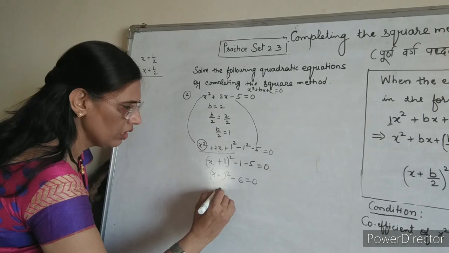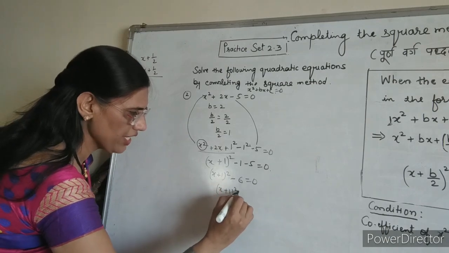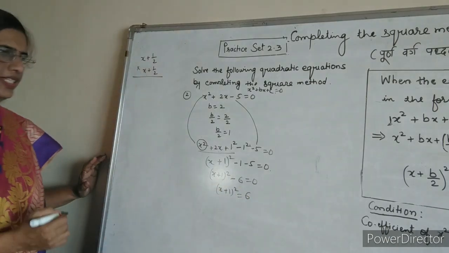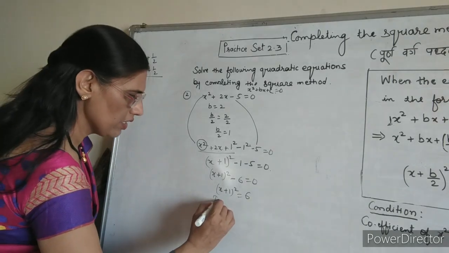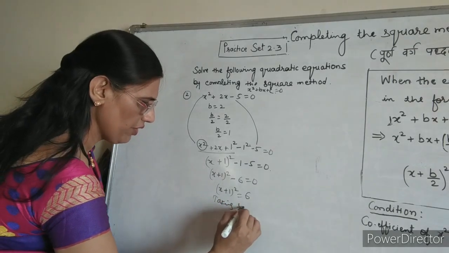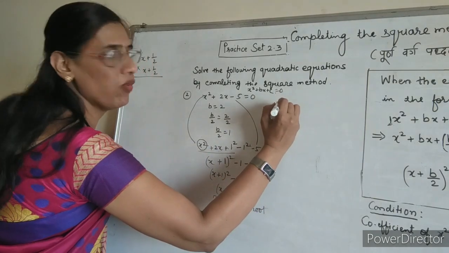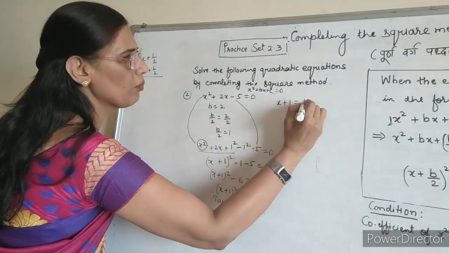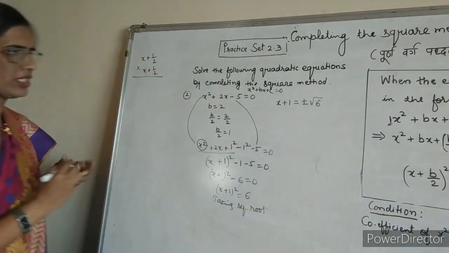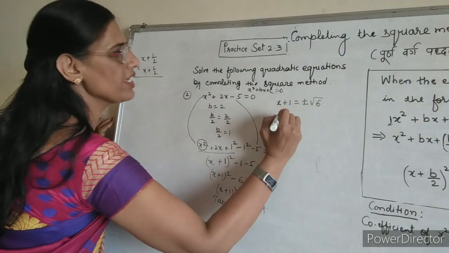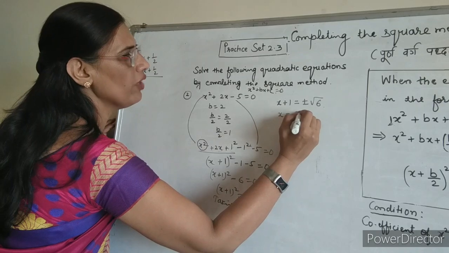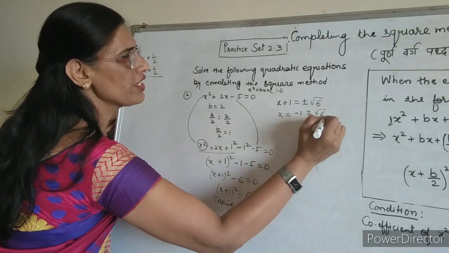Here we get (x plus 1) whole square, adding 6 to both sides we get 6 and then taking square root we get x plus 1 is equal to plus minus square root 6. That means we get x is equal to negative 1 plus minus square root 6.